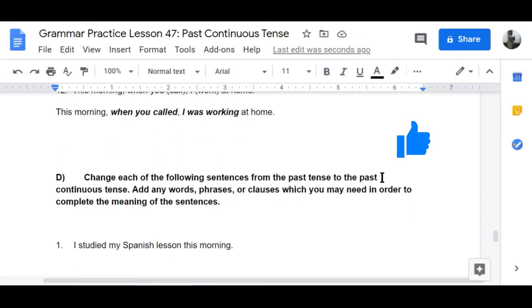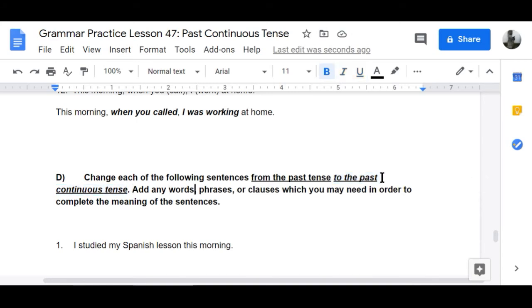Now, guys, D, the last one. Now, I promise. D. Change each of the following sentences from the past tense to the past continuous tense. Now we're gonna use, guys, some imagination, okay? This is not gonna be tense, it's gonna be relaxing.